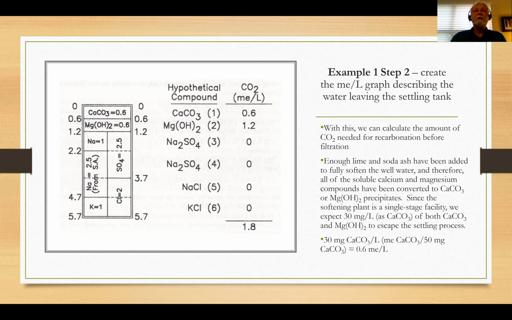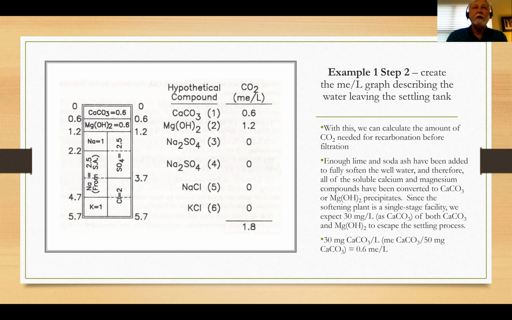I have to raise the pH up higher if I want to get the magnesium level lower. Okay, so 30 milligrams per liter, you can see on the right-hand side over there, divided by the equivalent weight of calcium carbonate is 0.6 milliequivalents per liter. So we have calcium carbonate, 0.6, magnesium hydroxide, 0.6, sodium, 1.